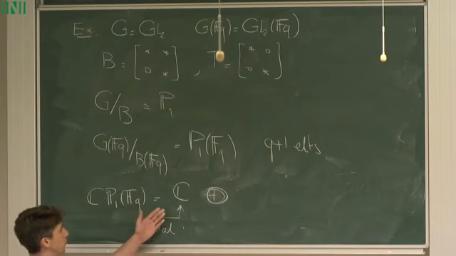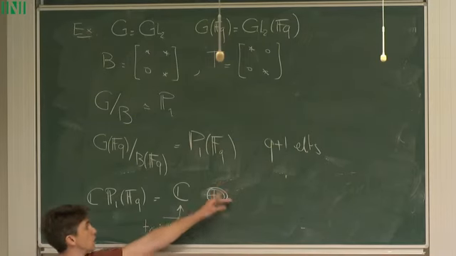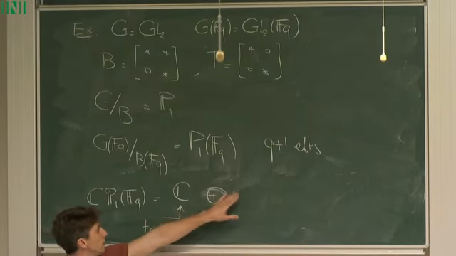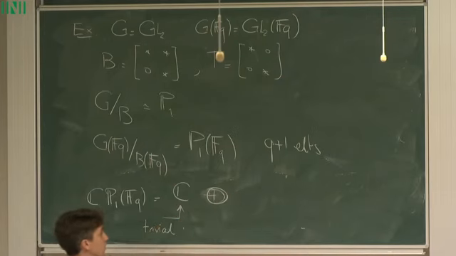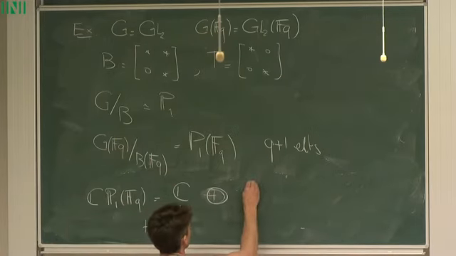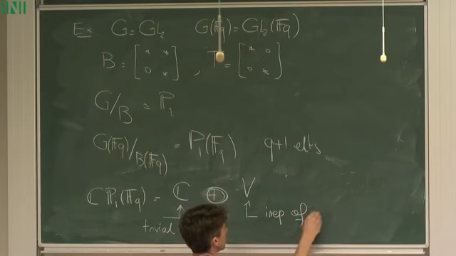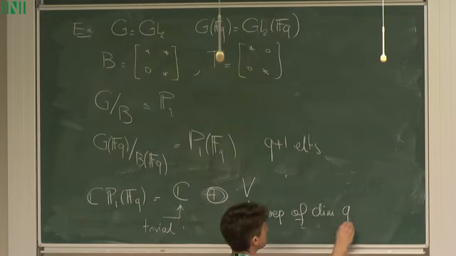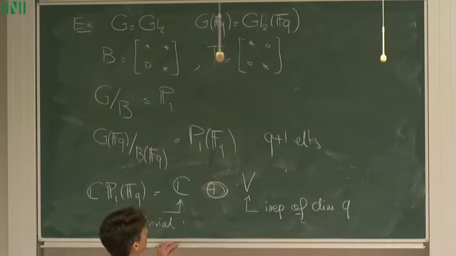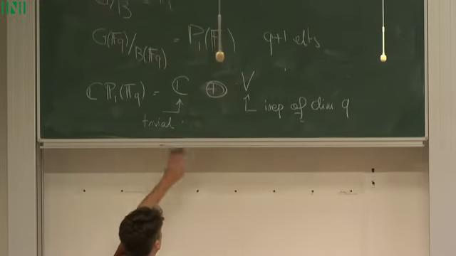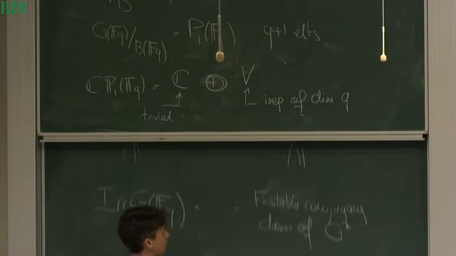And here you will have another representation of dimension q+1 minus 1, so dimension q, which here turns out to be irreducible. Let's call it V. This is an irreducible representation of dimension q, and the character of V is the Steinberg character.